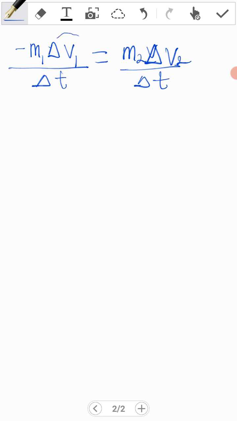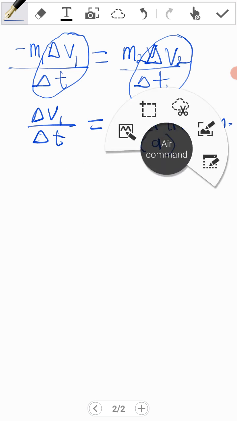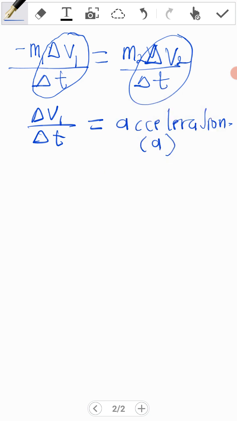We can see here that change in velocity over change in time is acceleration. So change in velocity 1 over change in time is the same as acceleration, and we substitute this A here, and then we substitute it here, right? I hope you understand me.